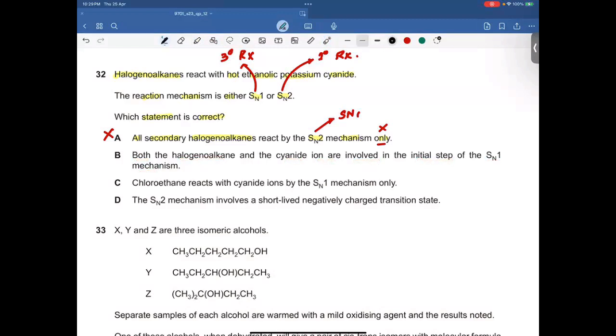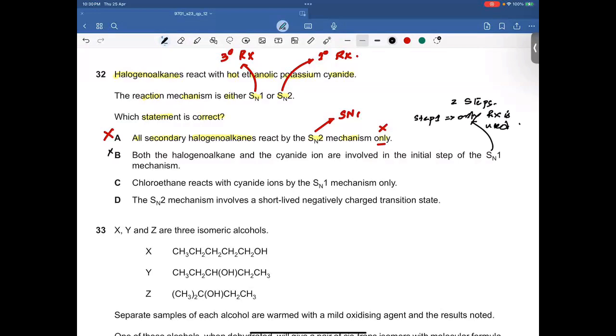Remember, SN1 always takes place in two steps. In step one, only the alkyl halide is used. There is no nucleophile in the first step, which means option B is also incorrect.